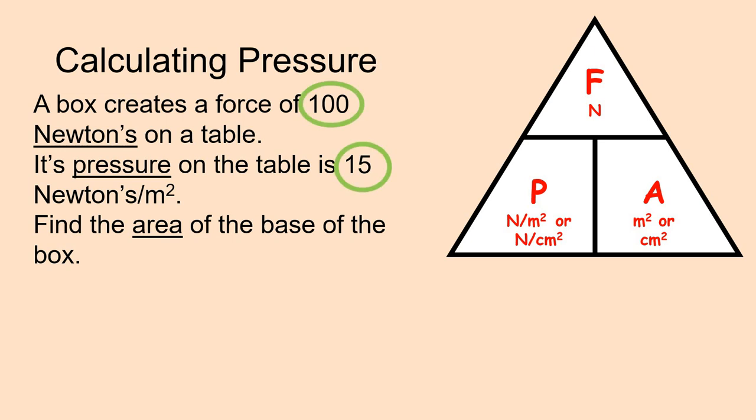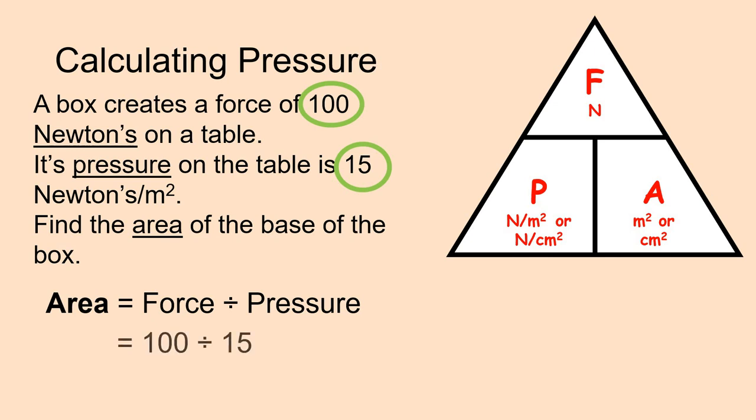So we're going to do force divided by pressure, and I've circled the two numbers that we're going to need to use. So area equals force divided by pressure. The force is 100 newtons and the pressure is 15 newtons per metre squared. So our area is 6.67 metres squared, and it's metres squared because our pressure was in newtons per metre squared.